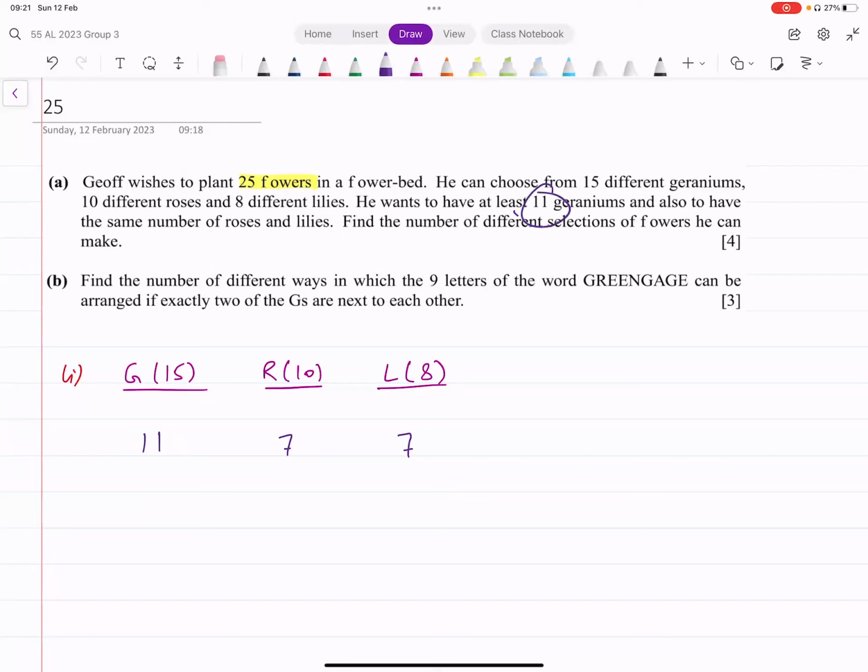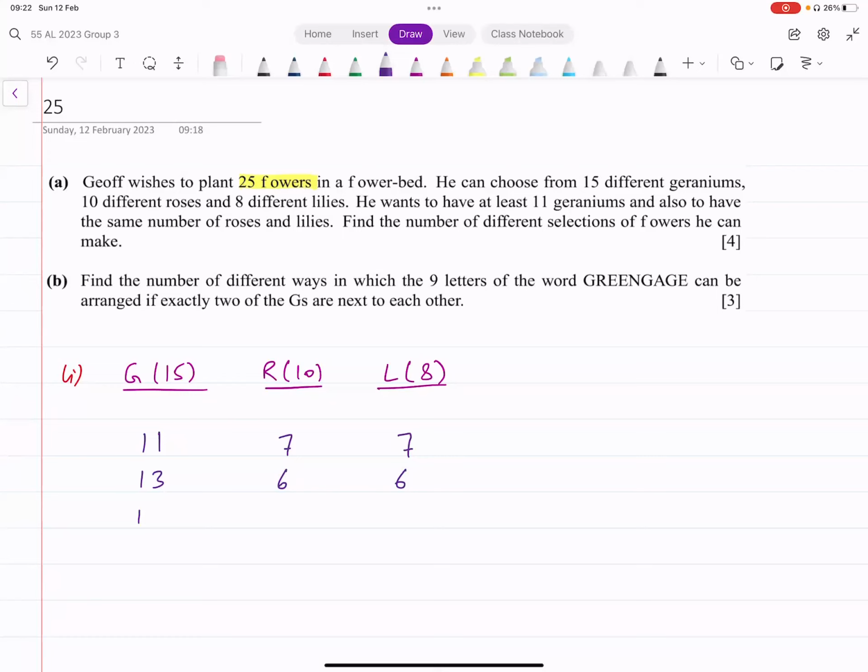It says at least 11, so 11 से ऊपर वाले देखना है, तो आपको 12 देखना है. 12 अगर होता है तो बाकी आपके पास कितने रहते हैं? 13 को आप equally divide नहीं कर सकते, so that's not possible. The next option you could have could be 13. So you could have 13 here. अगर 13 आपके पास G's हो जाएं, तो बाकी आपने equally divide करना है. That would be 6 and 6. All right, that could be another possibility.